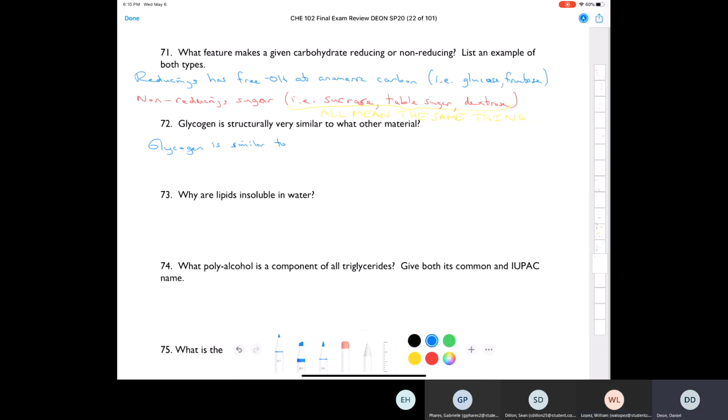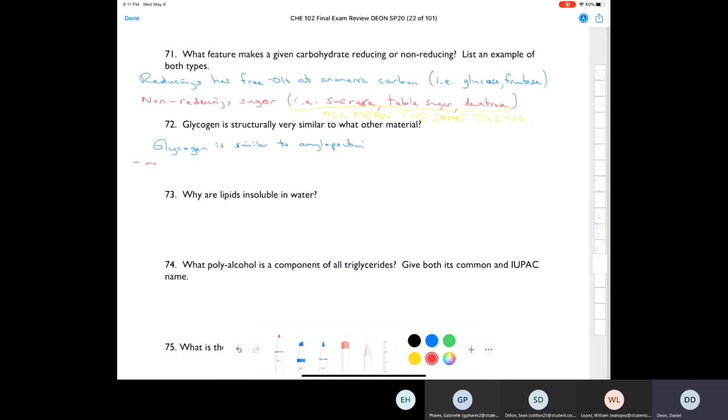Because amylose is just glucose units linked by alpha 1,4 linkages. It's just a straight chain, whereas amylopectin has the branching. And glycogen definitely has branching. So, amylopectin.